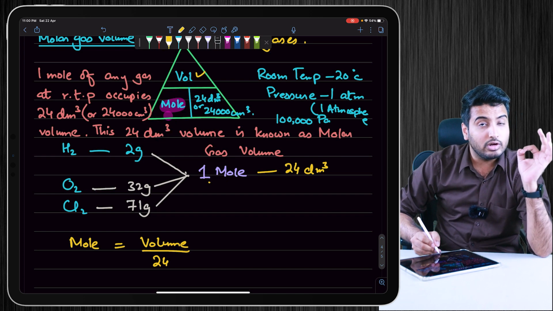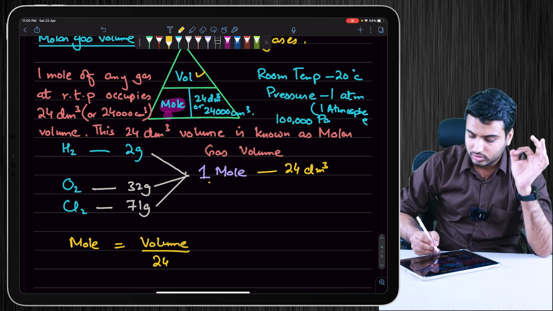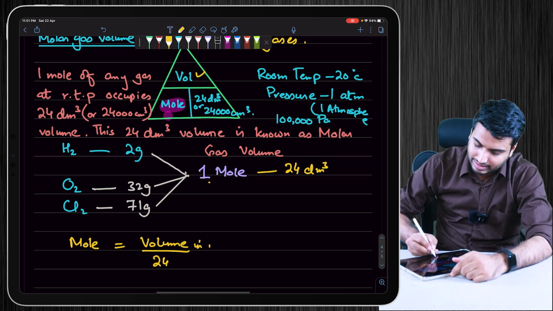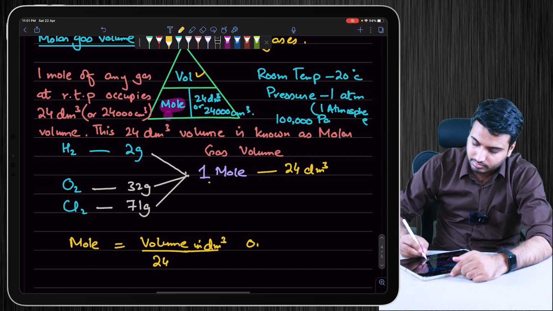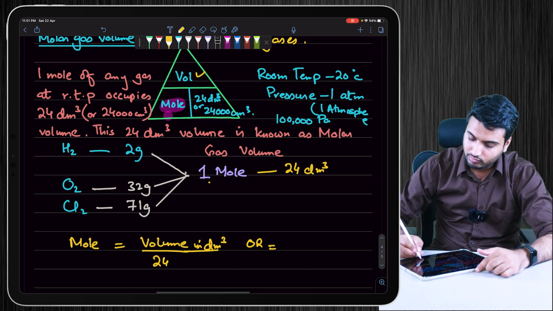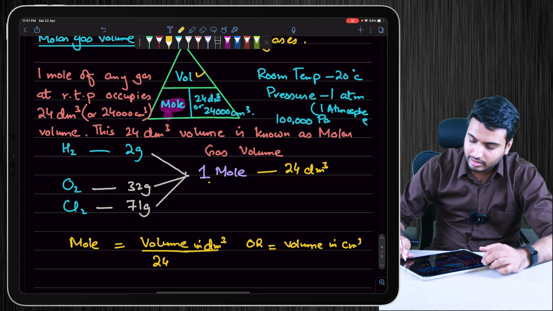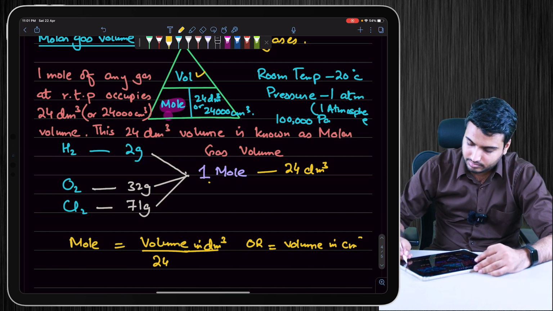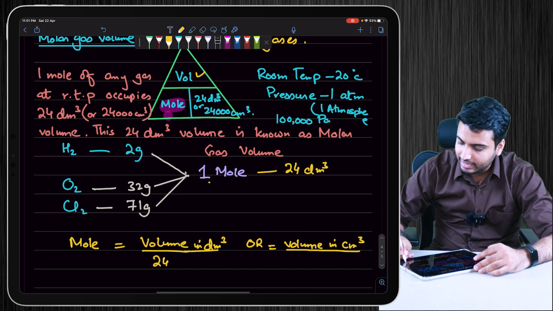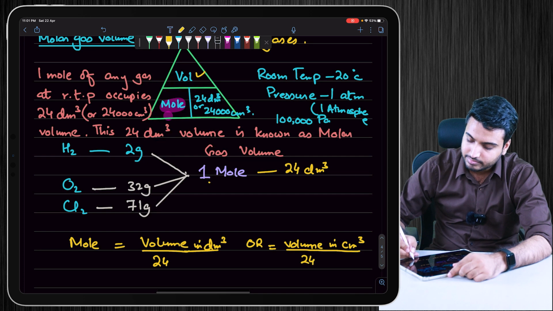If the given volume in the question is in dm cube, we use volume in dm cube divided by 24. If the given volume is in centimeter cube, then in that scenario you need to divide it by 24,000.